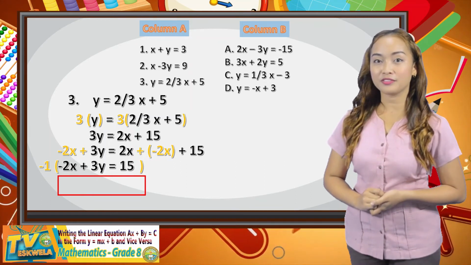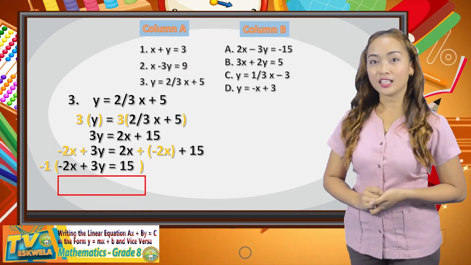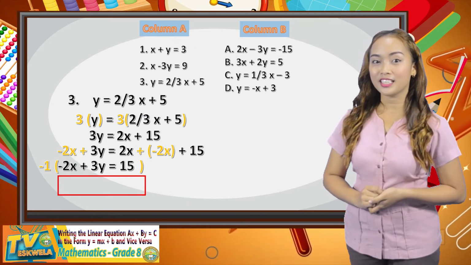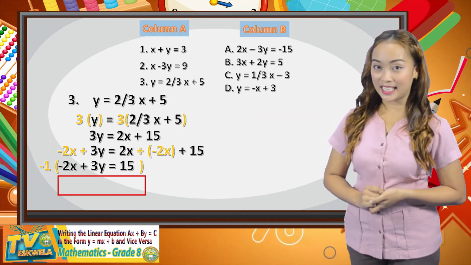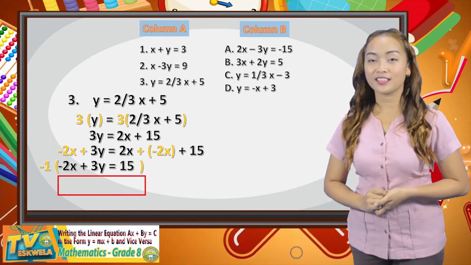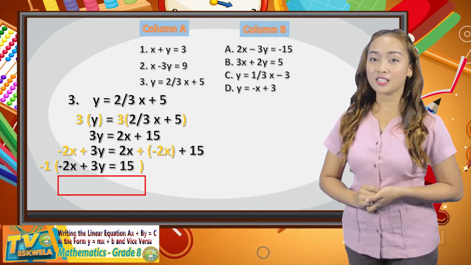So we have 3 times y is equal to 3 quantity 2/3 x plus 5.